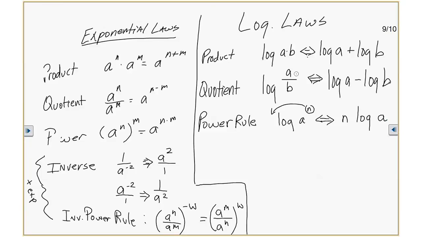And vice versa. If you have an n out front and you want to write it as a exponent, you can bring that n back up.